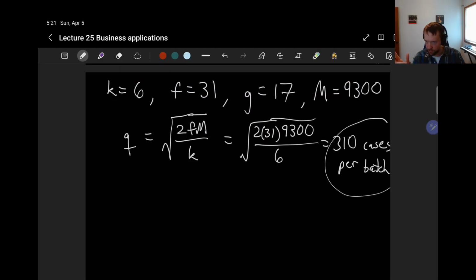Okay, so most problems you'll encounter in the homework, it'll have this part, and then it'll ask you one more thing, which is very closely related. So I know how many cases of honey I want to make in each batch. Well, how many batches will be produced annually?